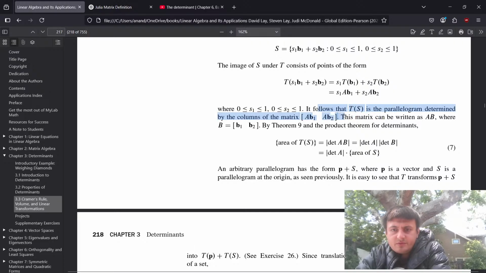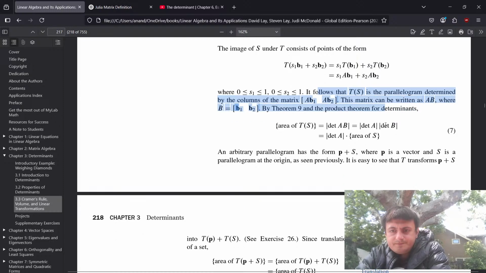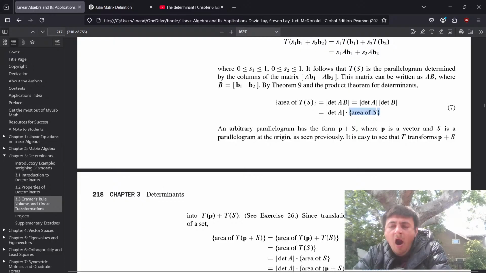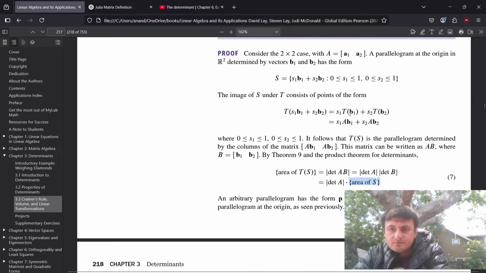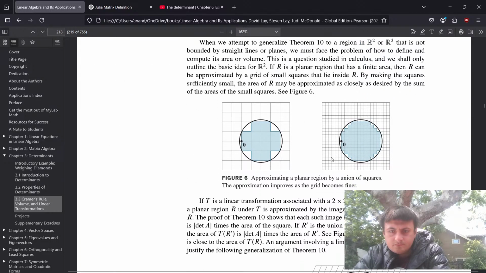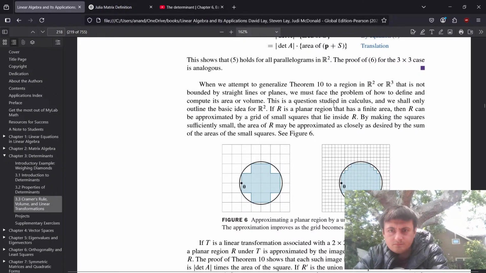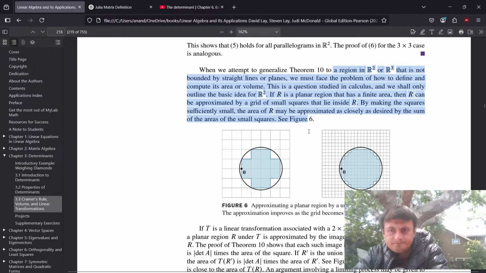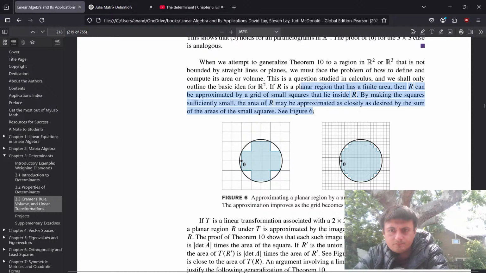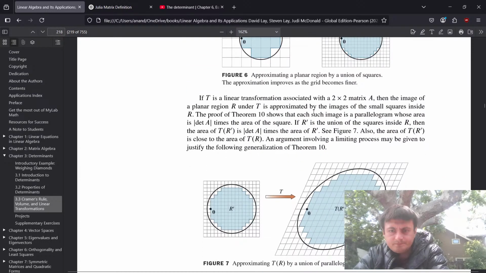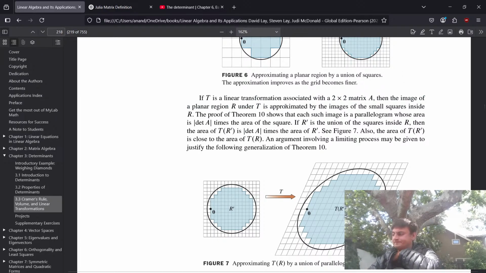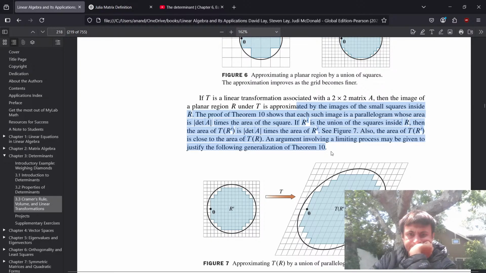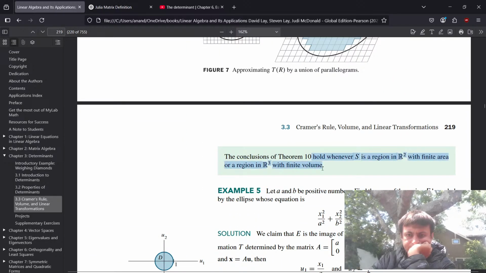T of S is the parallelogram determined by the. Okay. And theorem 10 is just.